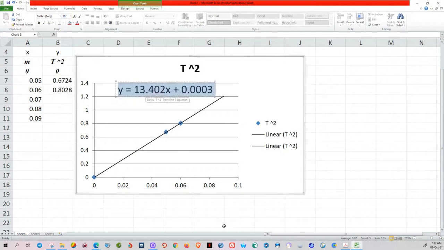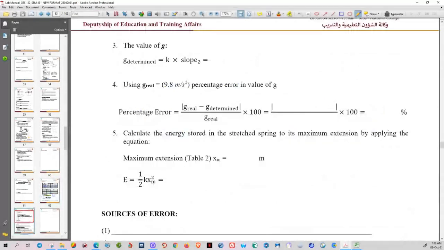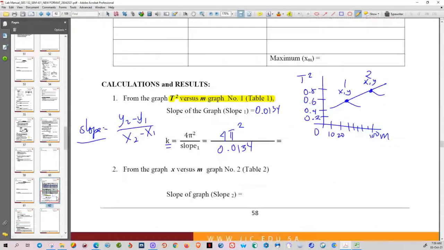It becomes 13.40. Okay, so let's go back to our calculation. Where is it? Here. Okay, so change this one. It becomes 13.40. So our slope is 13.40. That's a very good question. Okay. Any other questions?